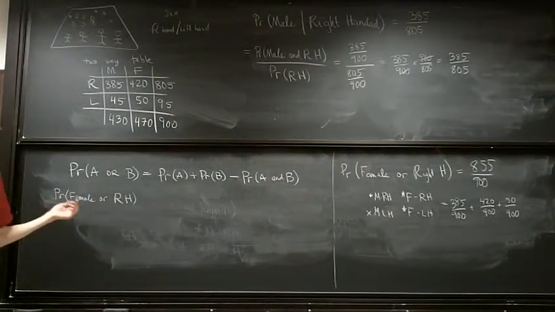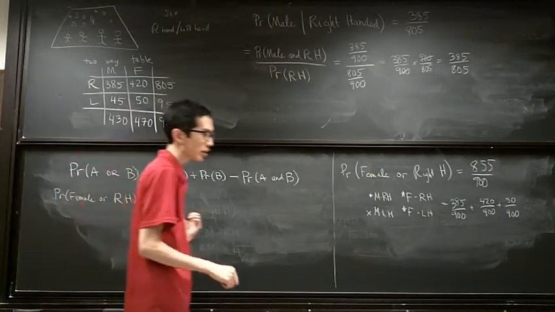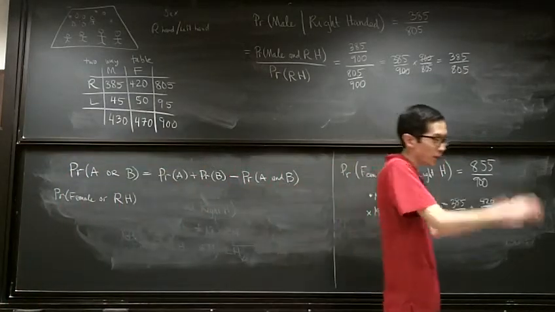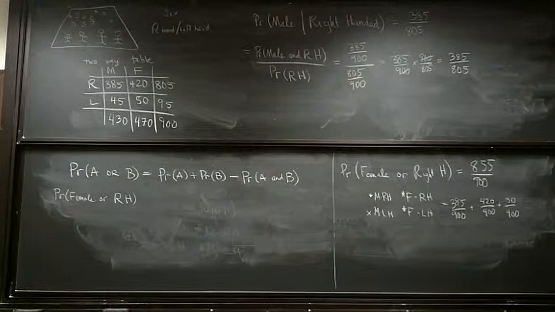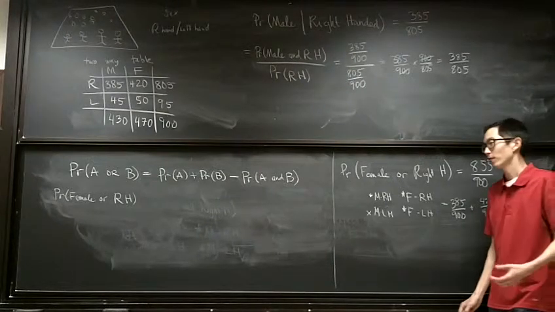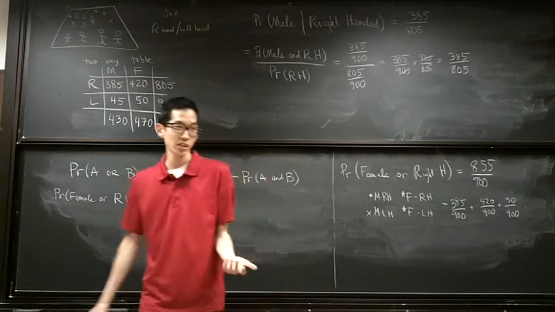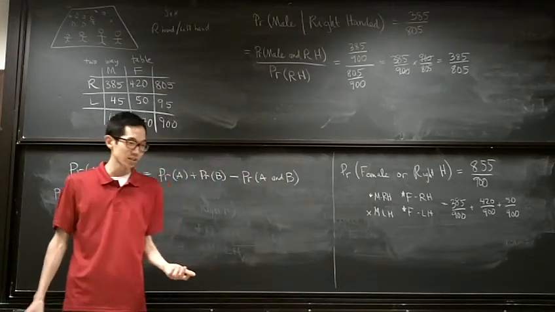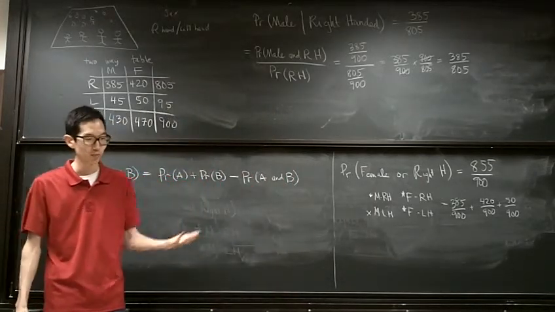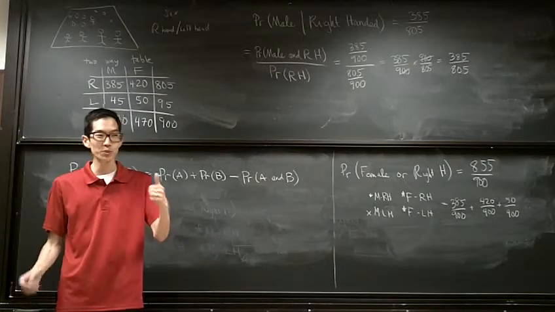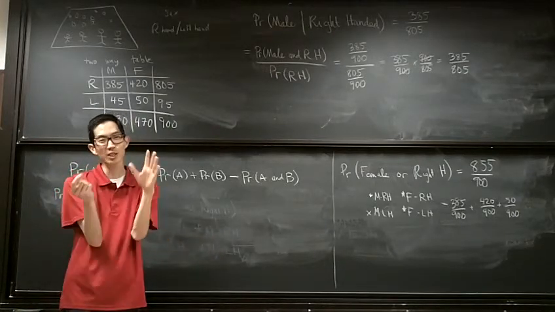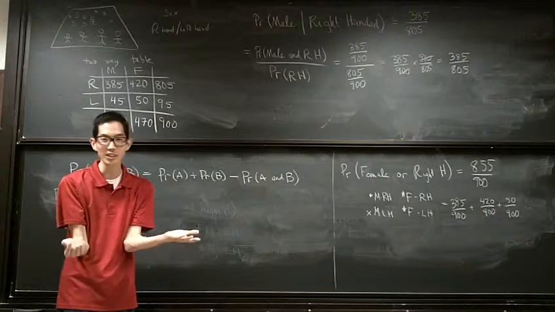Now in statistics, whenever we use the word or, it's an inclusive or, okay? Meaning, if I say, do you like chocolate or vanilla? The answer is yes, most likely, okay? Because sometimes in English we say, do you like chocolate or vanilla?